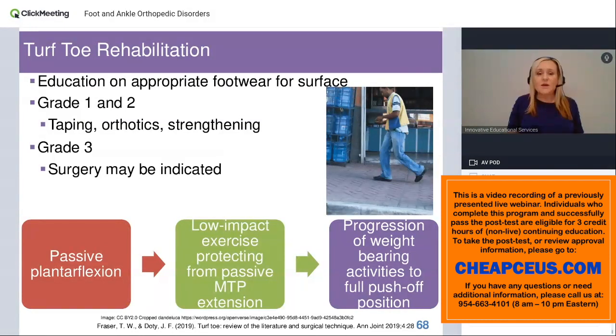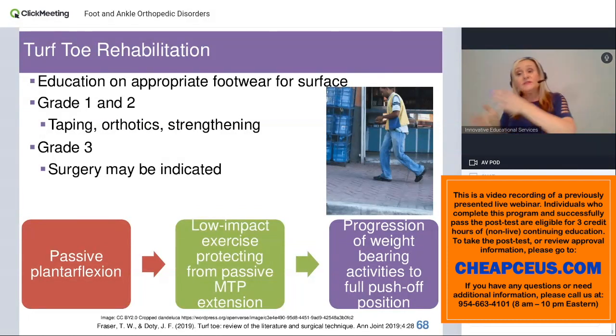As you work into rehab, then you're going to work into activities where they're doing active plantar flexion, active extension, and even just the body weight transition into the push off phase of gait. So I put this individual on an incline. I'm in Southern Florida. We don't really have that here, but think of a work ramp going up or down it.